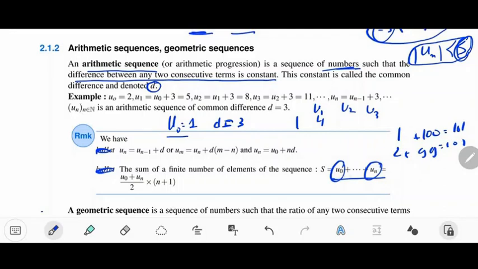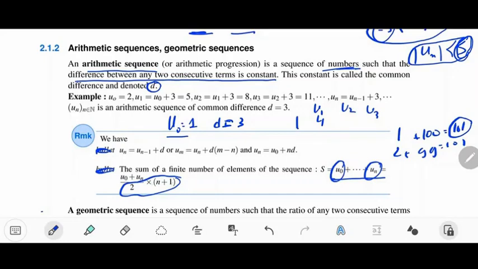So I take the first one and the last one, which gives me 101, and then I multiply it by n plus 1 over 2, which is the half number of terms, because from 0 to n we have n plus 1 terms.